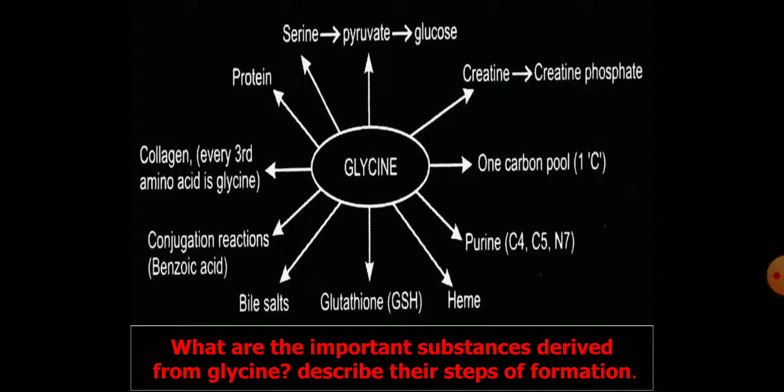Then the catabolism: glycine is converted to ammonia and carbon dioxide by the reversal of glycine synthase, that is, the enzyme glycine cleavage multi-enzyme complex. Okay.